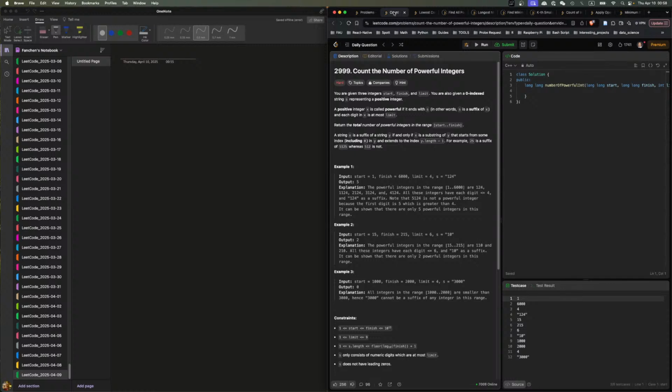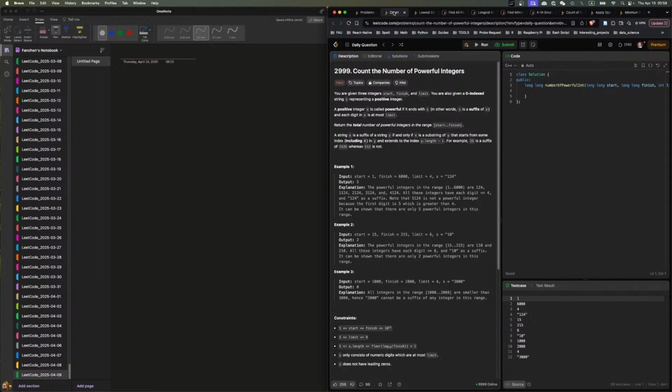So limit is 1 to 9. Start to finish, and s.length is floor of log finish plus 1.